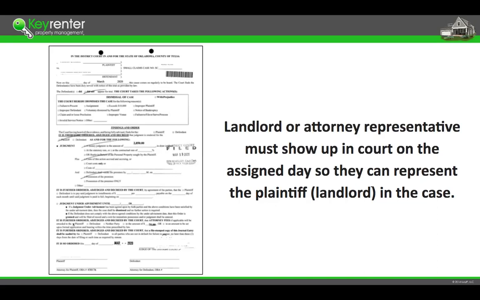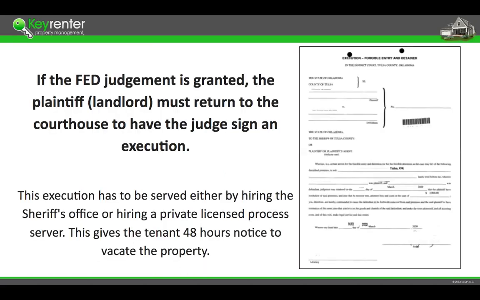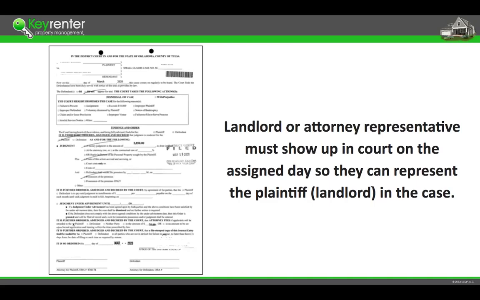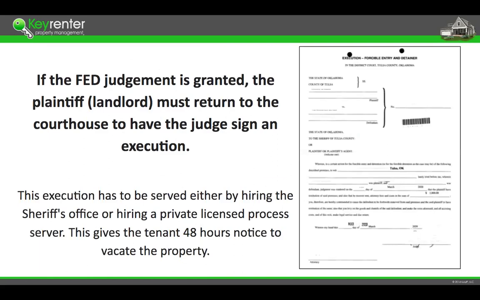If they do show up, there could be a judgment for an amount and for possession, and that then can be taken to the next steps, an asset hearing, or you can actually try to get the money, or you can actually just submit it to a collections agency, or you can attempt to collect yourself. So this is a judgment for possession of the premises and for the actual amount.